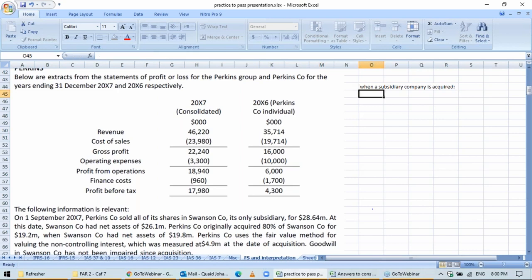Consolidated financial statements will be prepared. Right? Now, what do we mean by consolidated financials? What procedures do we do?